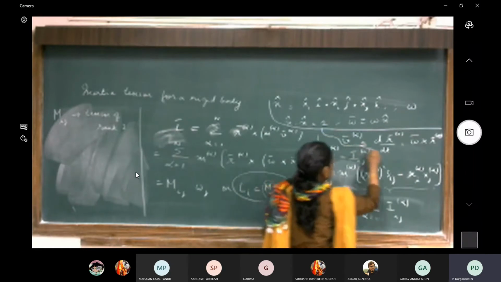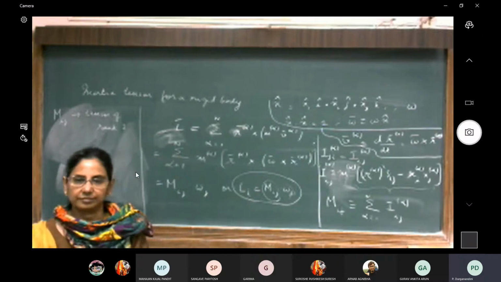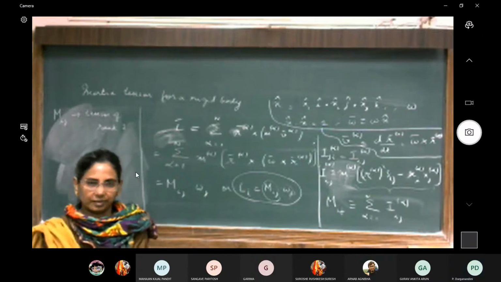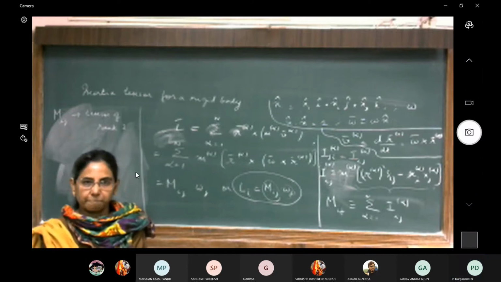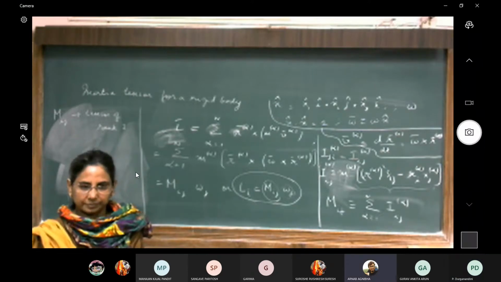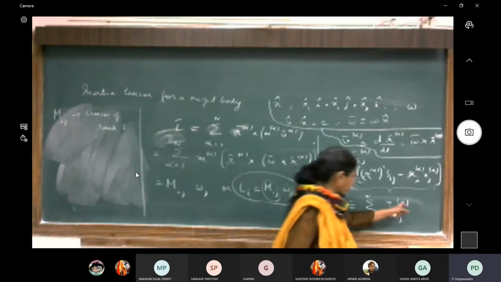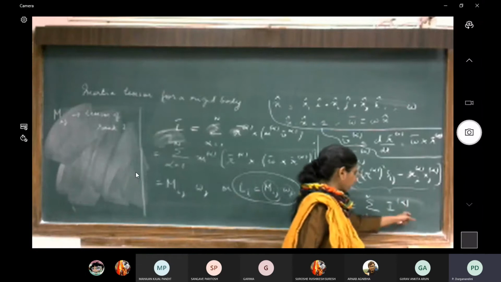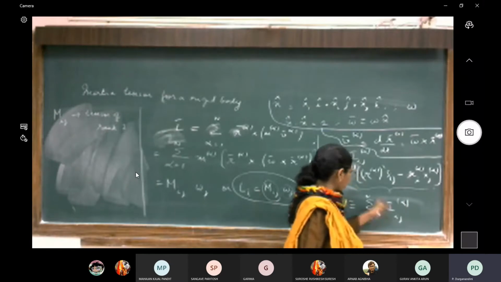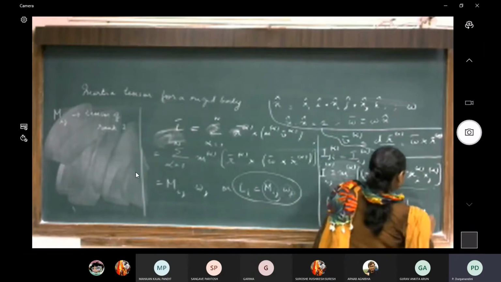So what kind of a tensor is this? If your Iij is the same as Iji, it's a symmetric tensor. So obviously for the alpha particle it is symmetric. Now I'm adding up for all the different alphas for the collection of n particles. So you can see that then Mij will be the same as Mji.